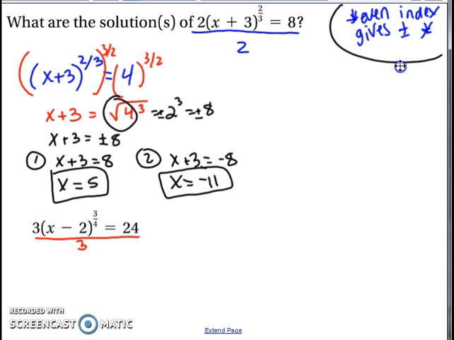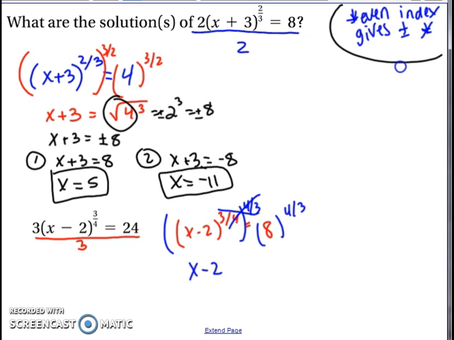So we're going to divide by 3 first. So we have x minus 2 to the 3/4 equals 8. And now we're going to raise both sides to the 4/3. So now we just have x minus 2, since these cancel out.